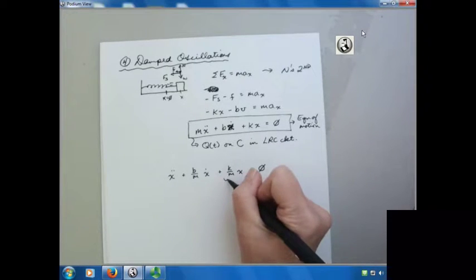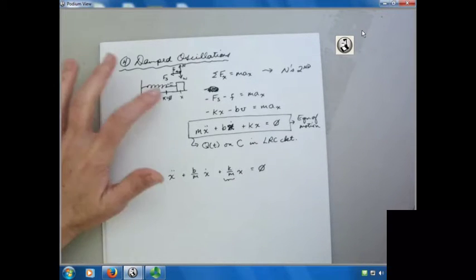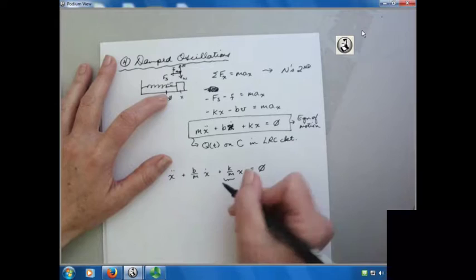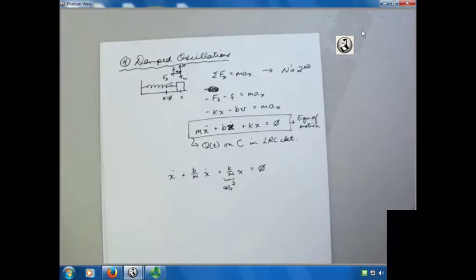This constant here, k over m, we recognize because the square root of k over m would be the frequency of the oscillation if there were no damping. So we will call it omega naught squared, meaning that it's the angular frequency, and the naught means that it's the free case where there's no damping, no other thing except for the spring, and angular frequency squared.